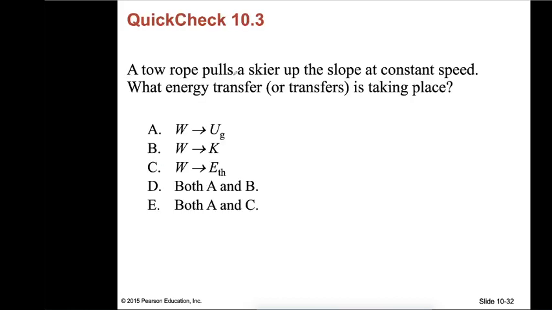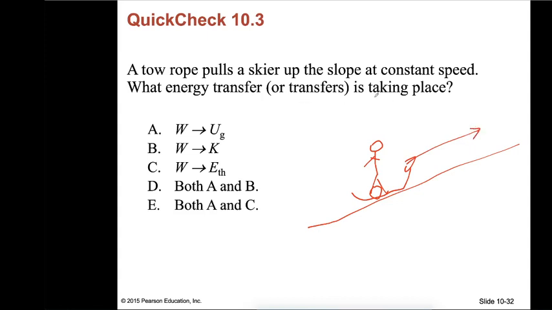A tow rope pulls a skier up the slope at constant speed. Now let's say this is a skier on the sled, and there is a towing rope which is towing it up.